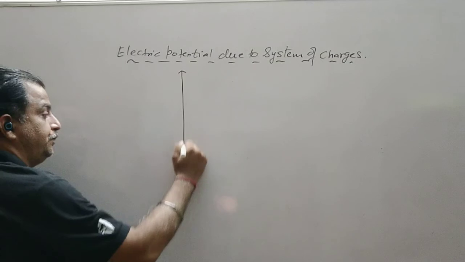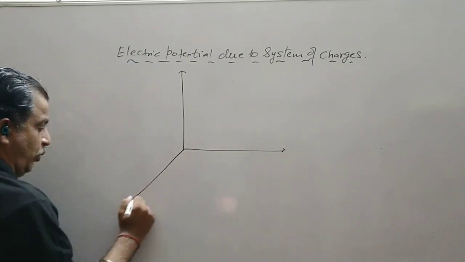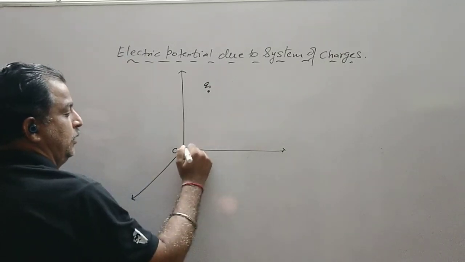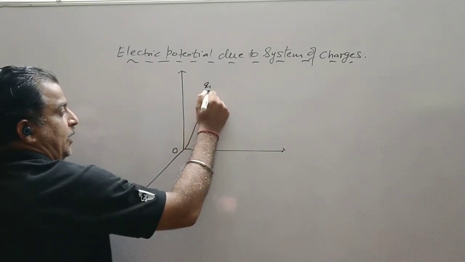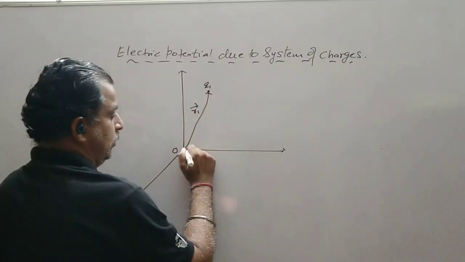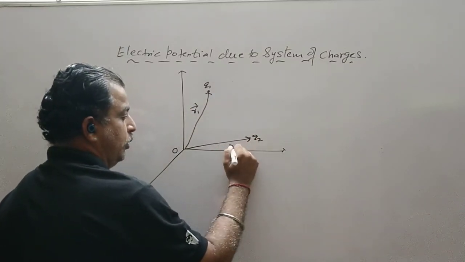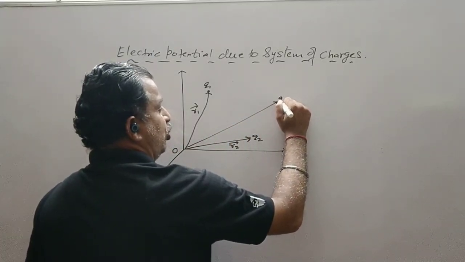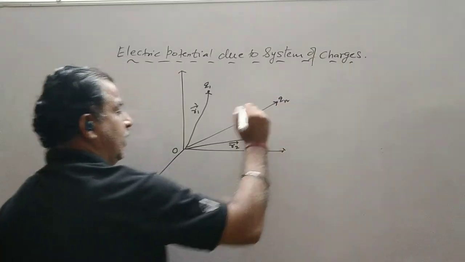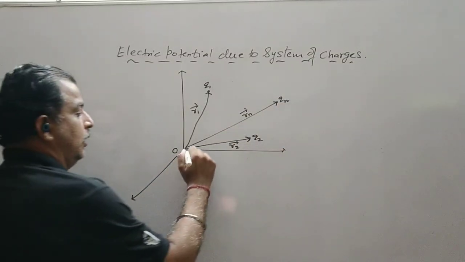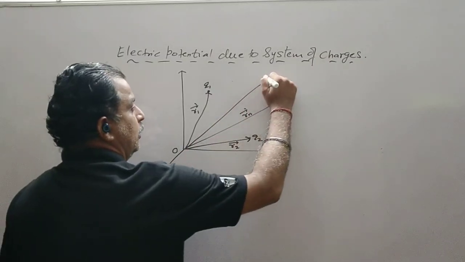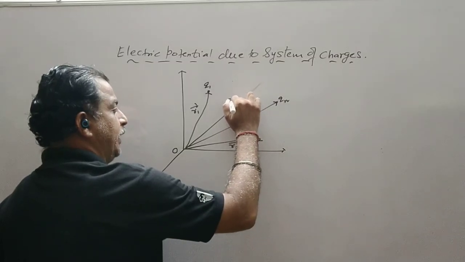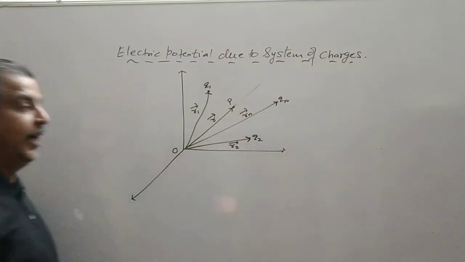In a system we have n charges. Now the source is say q1, whose position vector is r1, q2 position vector r2, qn position vector rn, and I have to find out the potential at point P whose position vector is r.